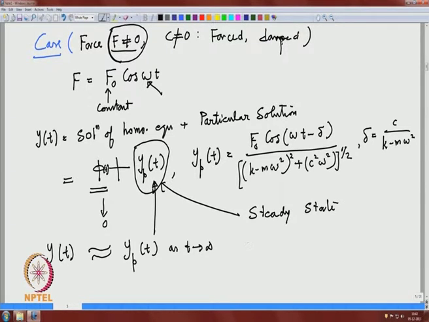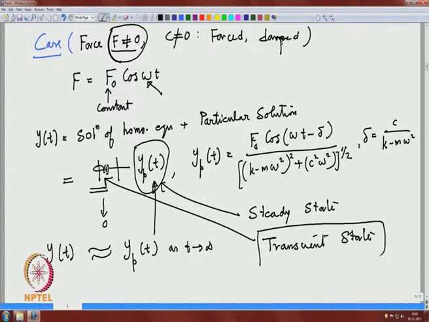And this phi, the solution to the homogeneous system, is called the transient state. You can understand these terminologies very well. It matches because at the initial time you will have the contribution of the transient state, and eventually the transient state will go to 0 and the entire solution will behave like the steady state solution.